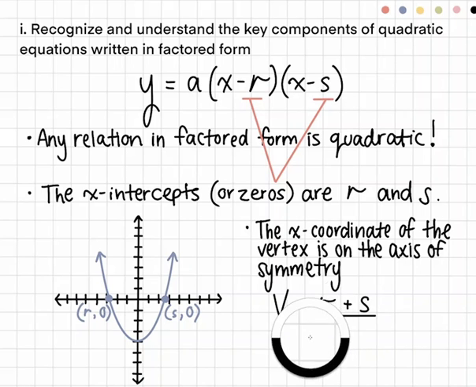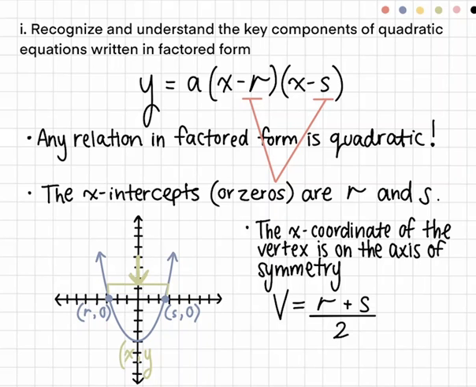The reason that we're able to do that is because this midpoint between here and here is the axis of symmetry, and we know that our axis of symmetry is going to give us the x-coordinate of our vertex, which is this point right here.